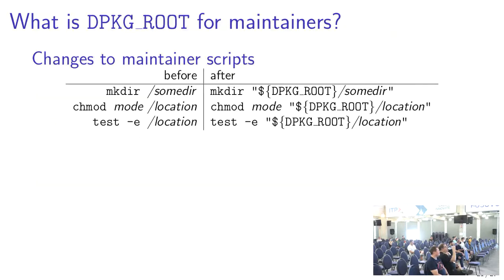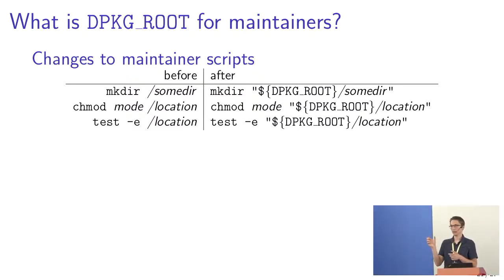So how do you do it in your maintainer script? I said that a maintainer script operates on files. So whenever you use generic tools that work on files, you have to prepend this DPKG_ROOT variable to the actual path. Looks simple enough.